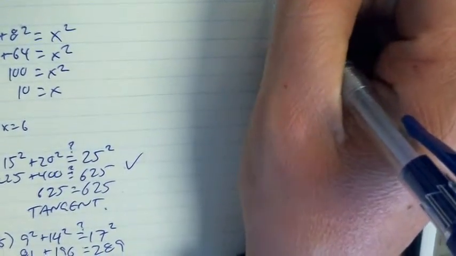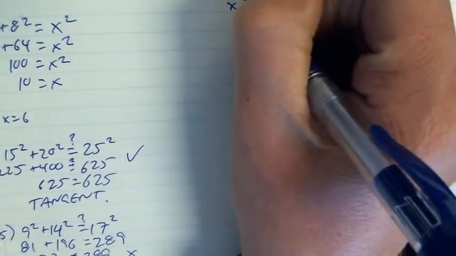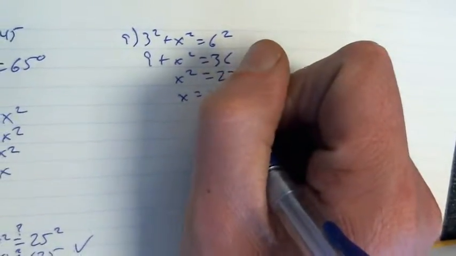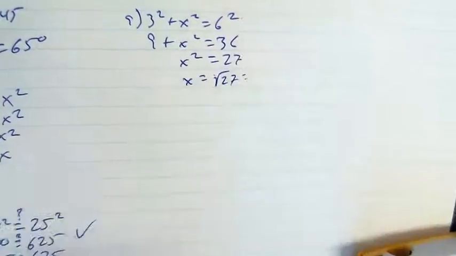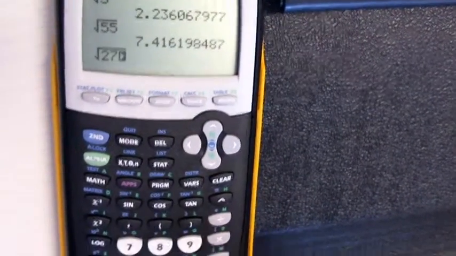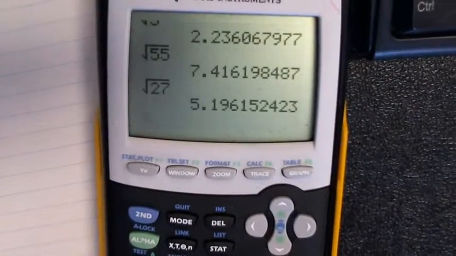X squared equals 27. And X equals square root of 27, which is 3 radical 3, but also 5.2. And we're actually searching for the X, so we don't have to worry about multiplying it or anything else.